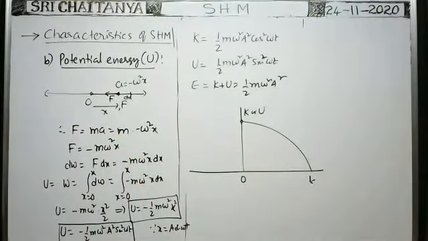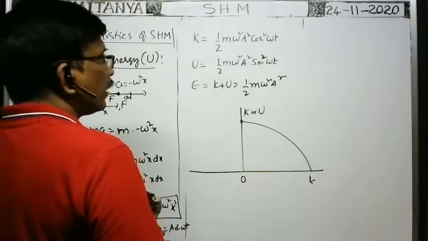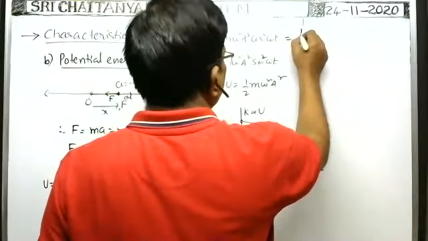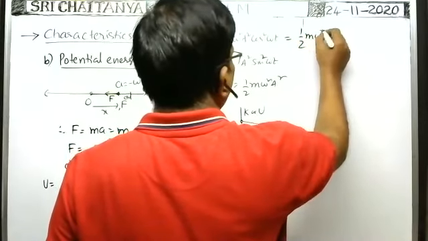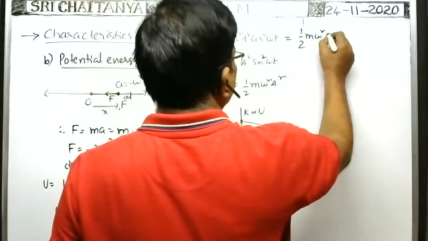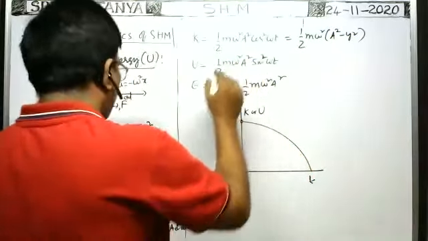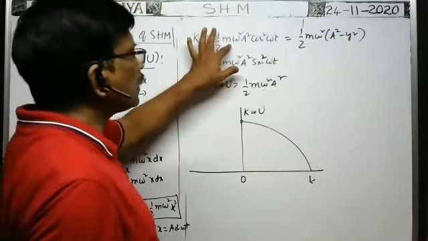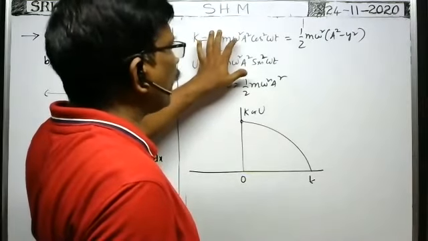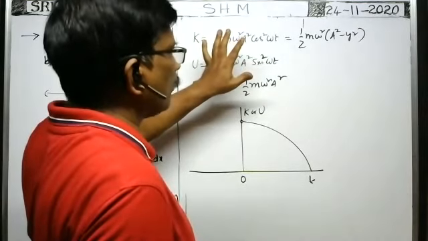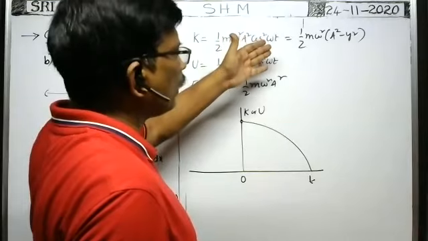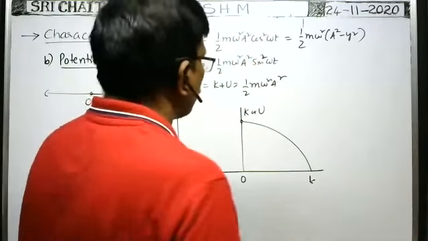Or you can draw the graph between displacement and kinetic energy. You write it like this: half m omega square into a square minus x square, because half m v square is the kinetic energy, and v is omega times the square root of a square minus x square. So v square is omega square into a square minus x square.